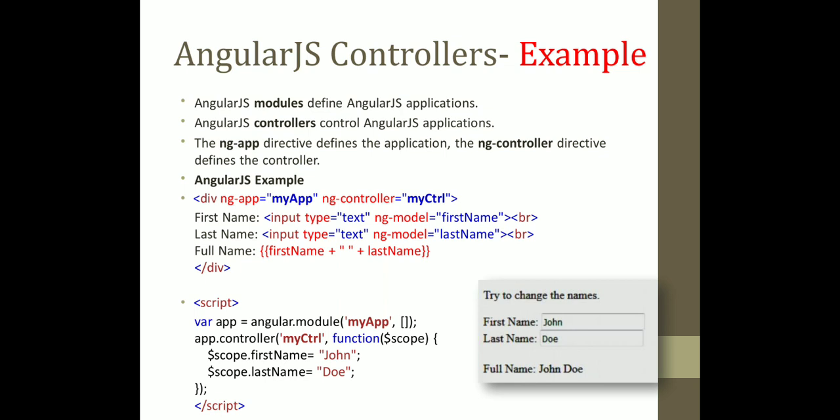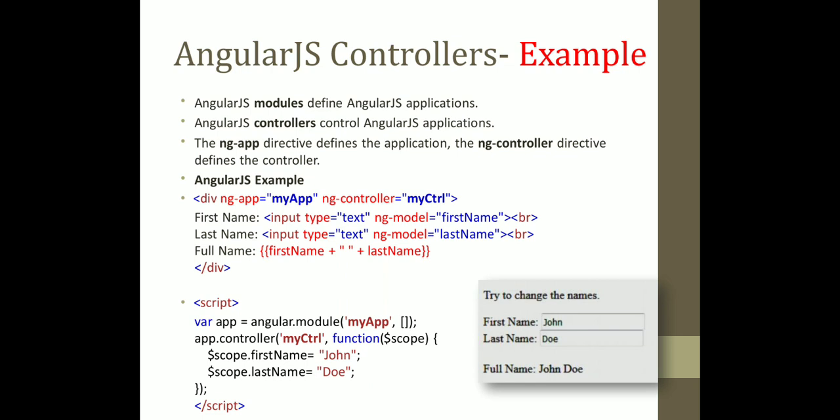Here we have used the variable app, and using that variable we are calling the controller. So app.controller will call the controller named my control, comma, function dollar scope.